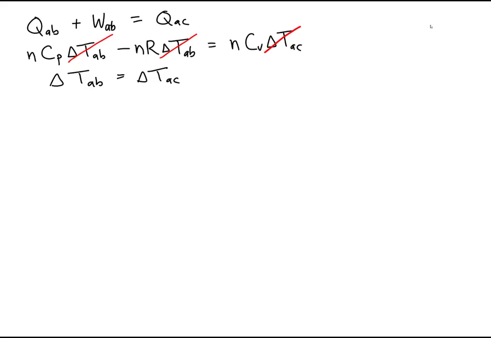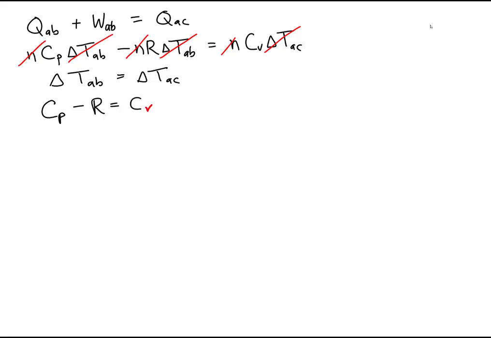Also notice we have the same number of moles in every term, so we could divide those out as well. So rewriting our expression leaves us with the molar heat capacity at constant pressure minus the gas constant is equal to the molar heat capacity at constant volume.